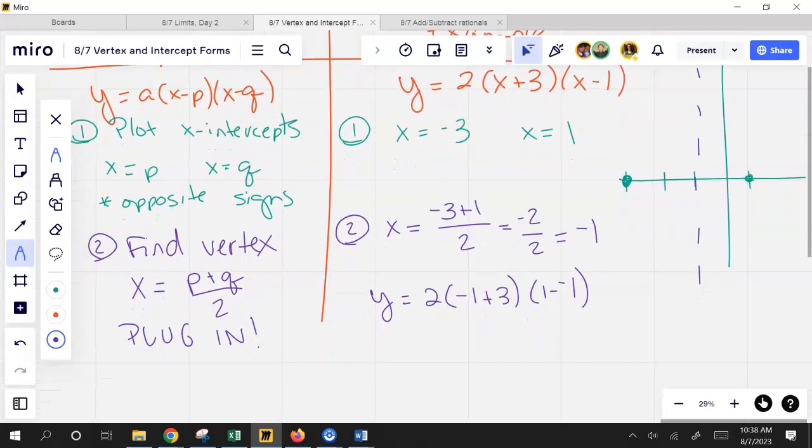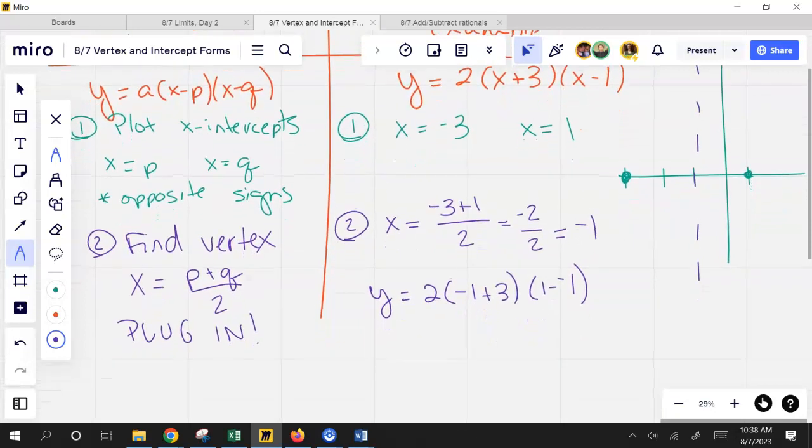Be very careful with all these parentheses. They can throw you off. -1 plus 3 is 2. -1 minus -1 is +2 as well. 2 times 2 times 2 is, oh no, wait.